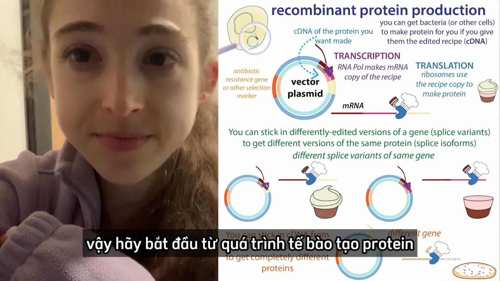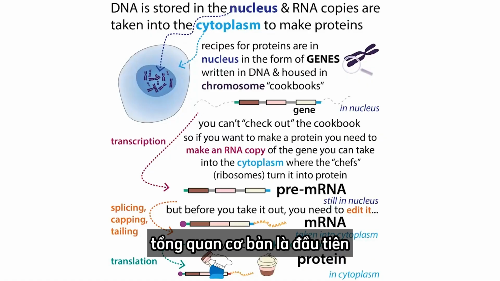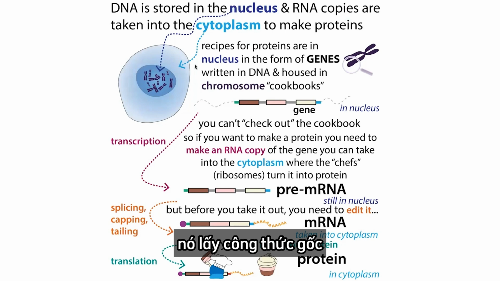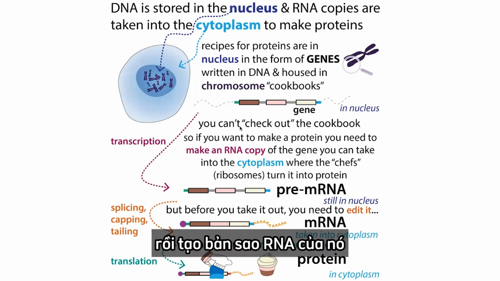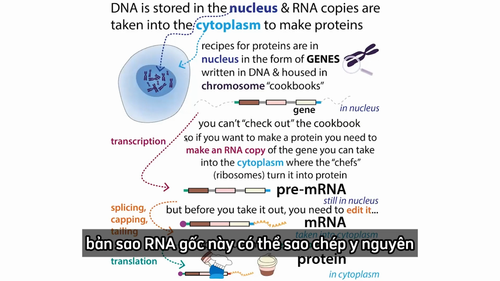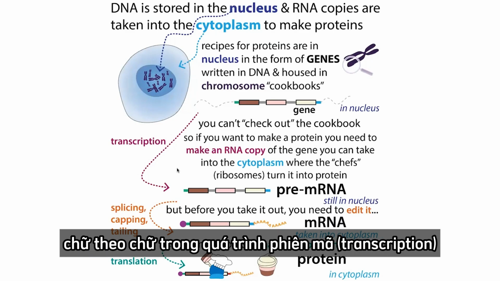So let's go on. When your cell goes to make a protein, the basic overview of how it gets made is first it takes this original recipe, the gene, which is written in double-stranded DNA. It makes an RNA copy of it. This original RNA copy is made word for word, letter for letter, in the process of transcription.